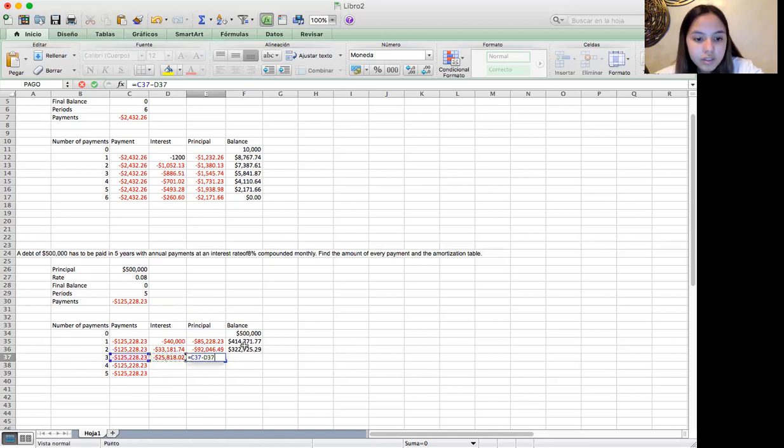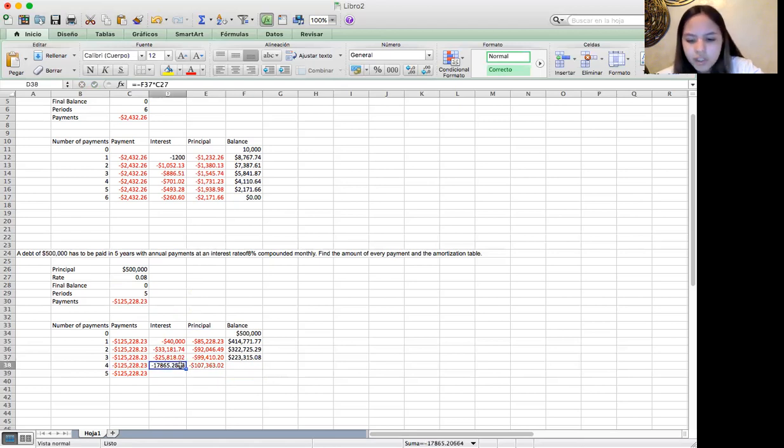Payment minus interest, and then last balance plus principal. And repeat the same. Balance times 0.08 minus balance times 0.08, then payment minus this.